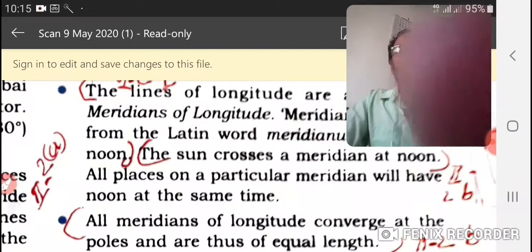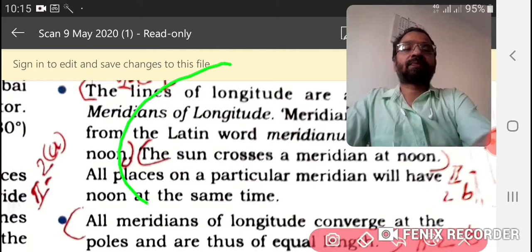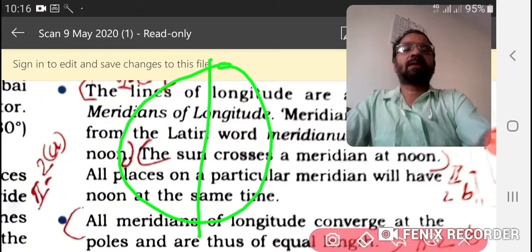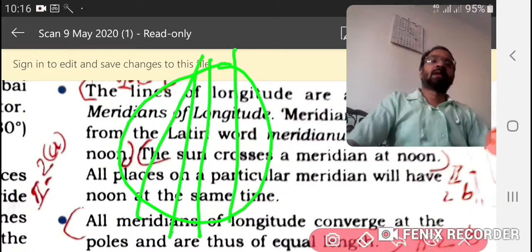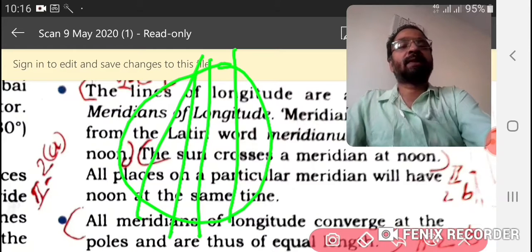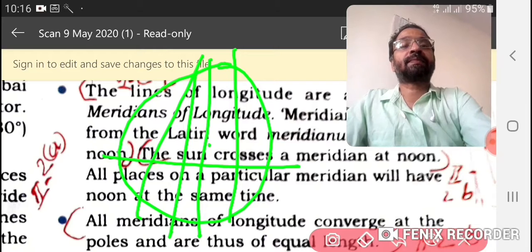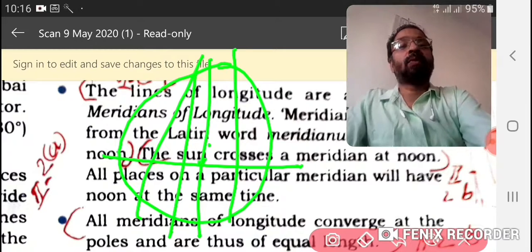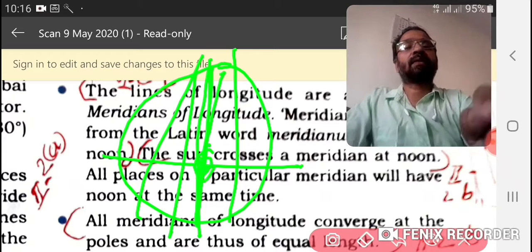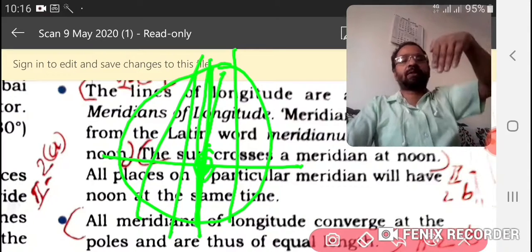Why do we call it noon? Suppose this is the earth and these are the meridians. When the sun rises it is just above the equator, where the prime meridian and equator meet. Overhead it will be.